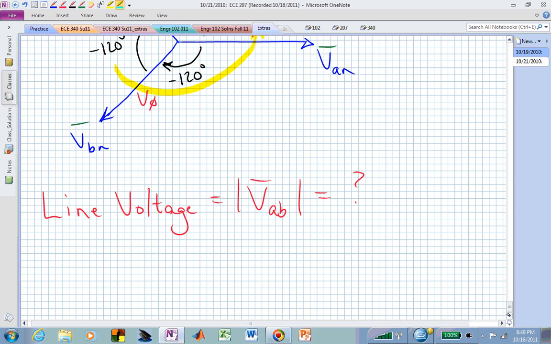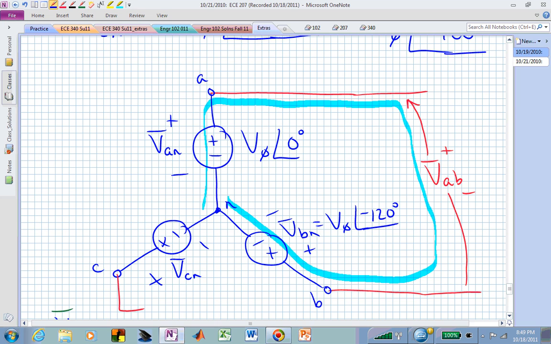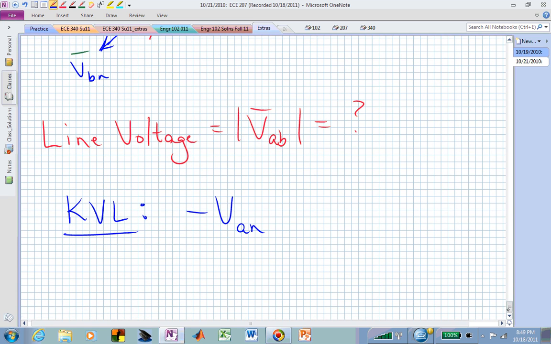Writing KVL now for that particular path is minus V sub AN, paying attention to the polarity. We went into the minus terminal of V sub AN. Now, as we come down through V sub AB, we're entering the positive terminal of V sub AB.